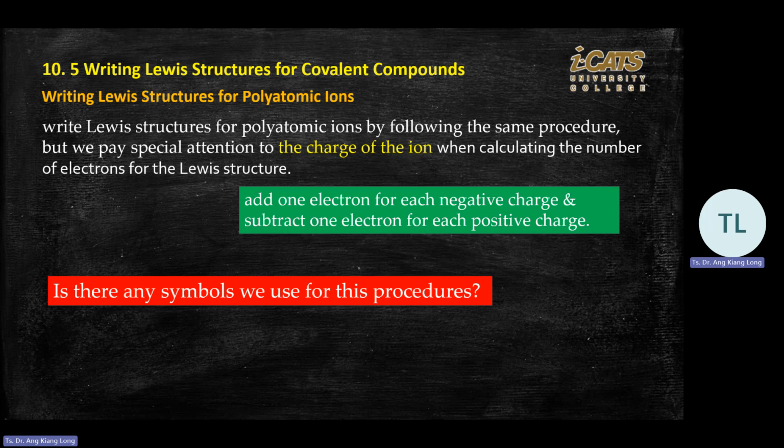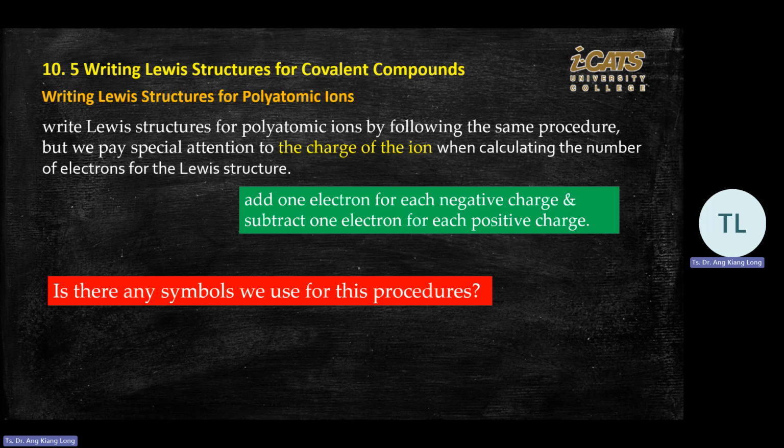Just now, let's say I put CCl4. This is stable, right? So if this one changed to an ion, if the question asks you to find CCl4 negative charge, in the second step, when you calculate the total valence electrons, if it's a negative charge, you need to add 1 more electron in the calculation.